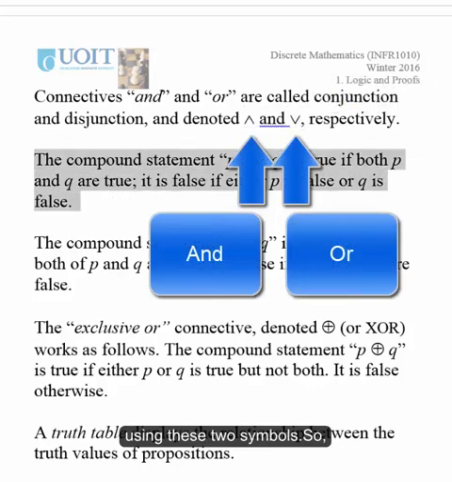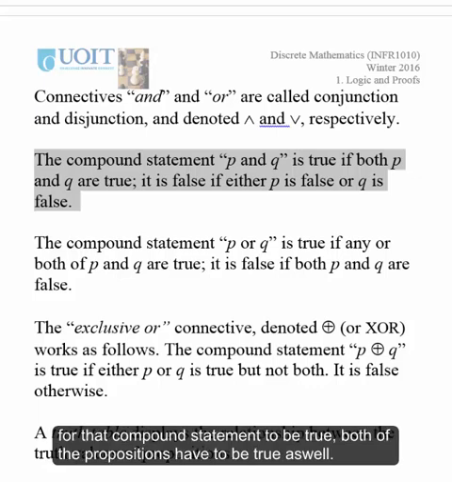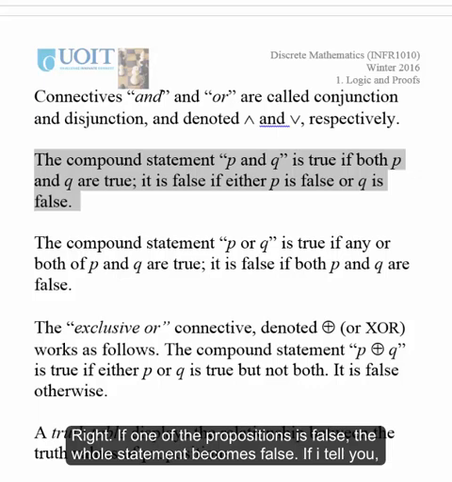Just like when we talk in English, for a compound statement using an and to be true, both of the propositions have to be true as well, right? If one of the propositions is false, the whole statement becomes false.